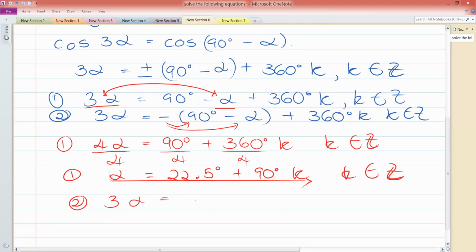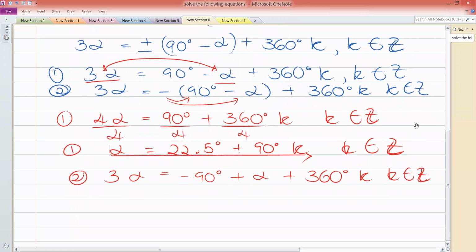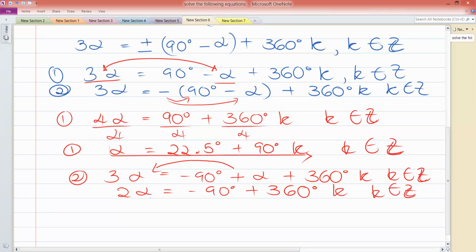So 3 alpha is negative 90 degrees plus alpha plus 360 degrees k, k is an integer. This time, if I bring the plus alpha over, it was positive, it's now going to become negative. So 3 alpha minus alpha, I'm left with 2 alpha equals negative 90 degrees plus 360 degrees k, k being an integer.